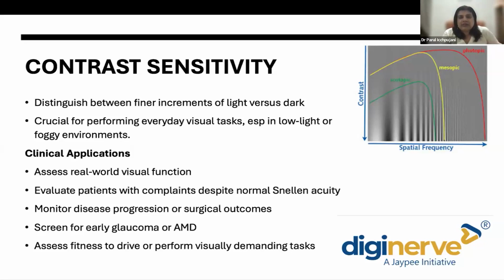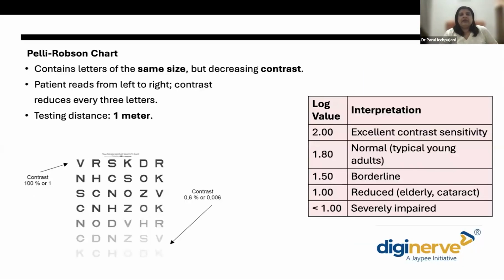If they're going down the steps, if they are not able to differentiate border of one stair from the other, they will have a fall. So cataract patients, glaucoma patients, age-related macular degeneration patients, when their disease is progressing, contrast goes on falling down further. So it's important to document this test. So the most commonly used test in clinics is Pelli-Robson chart.